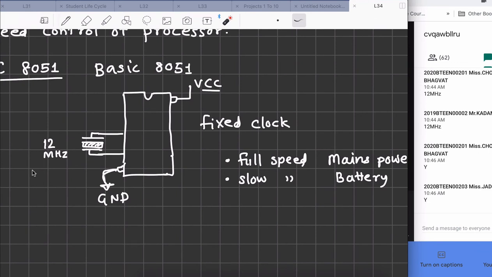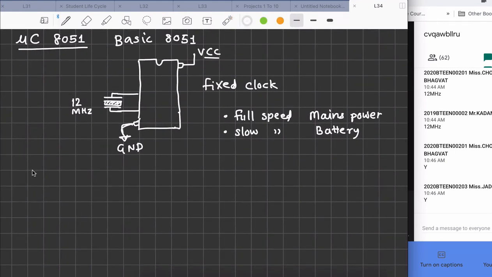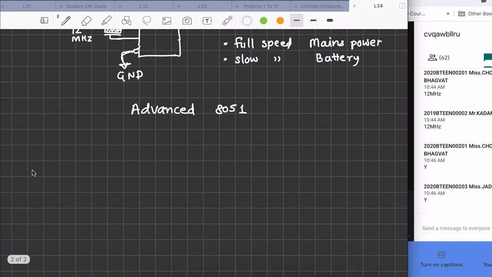Okay, but now there are advanced versions of 8051, so I'll write down advanced version. Suppose Amol is using the advanced 8051. So it will also be 8051. If you are interested, go through the site called silabs.com or Silicon Labs.